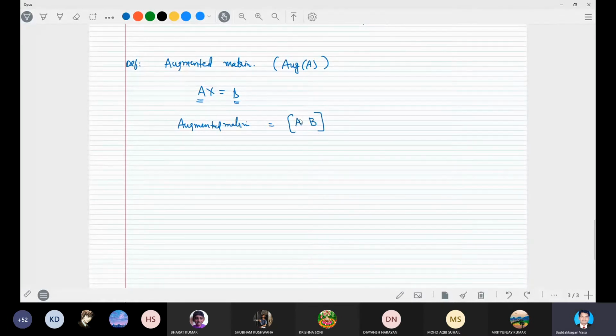We form a new matrix by adding an additional column with the B elements.